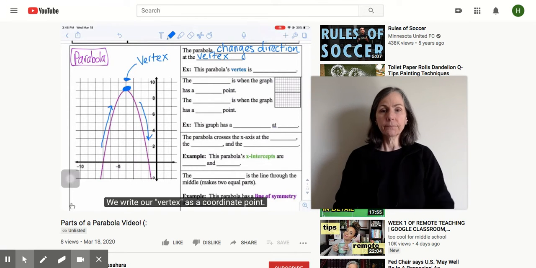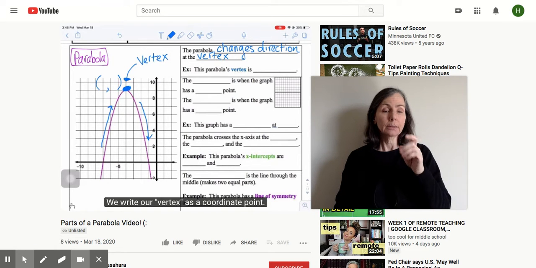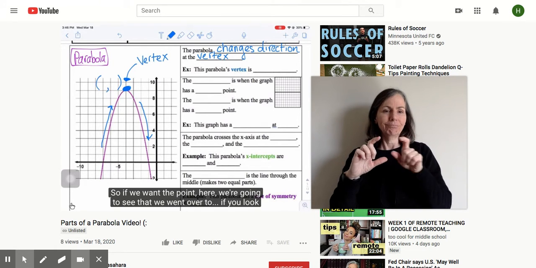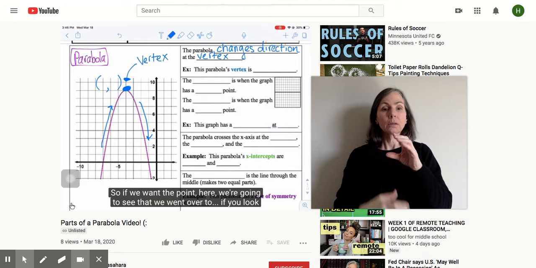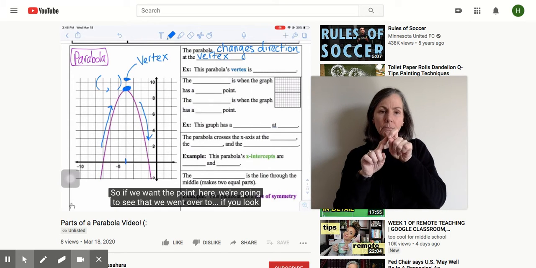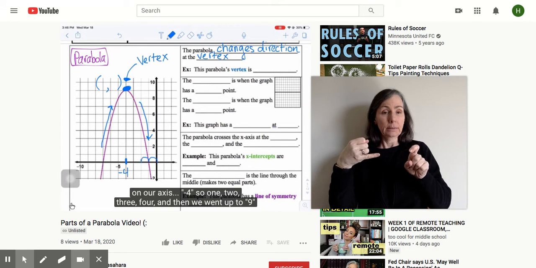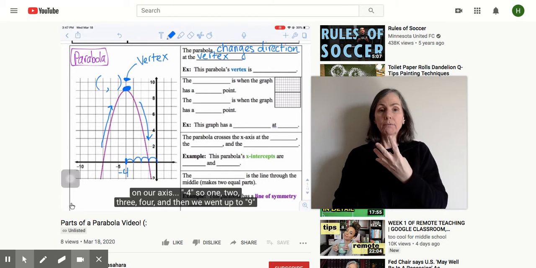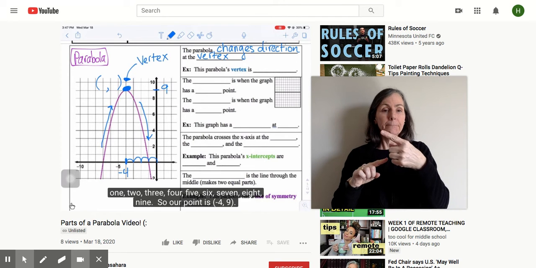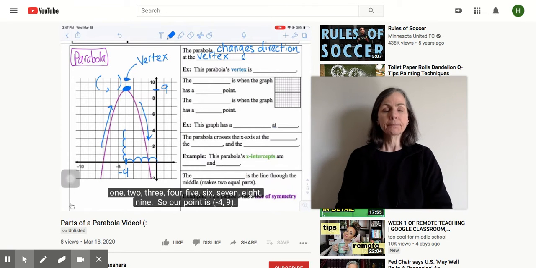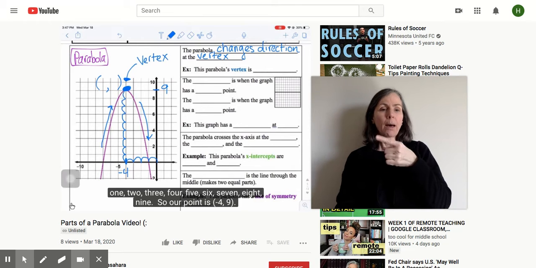We write our vertex as a coordinate point. So if we want the point here, we're going to see that we went over to, if you look on our axis, -4. So 1, 2, 3, 4. And then we went up to 9. 1, 2, 3, 4, 5, 6, 7, 8, 9.